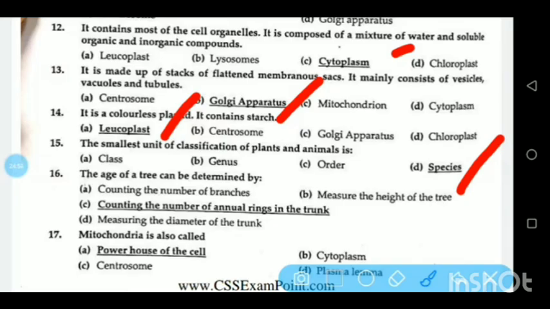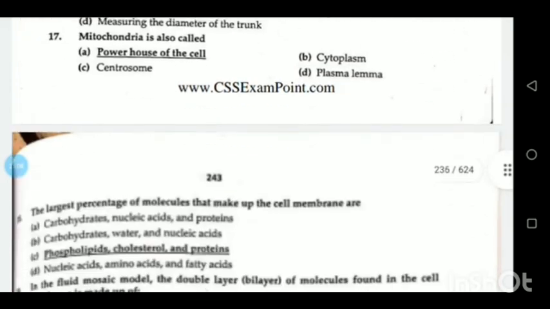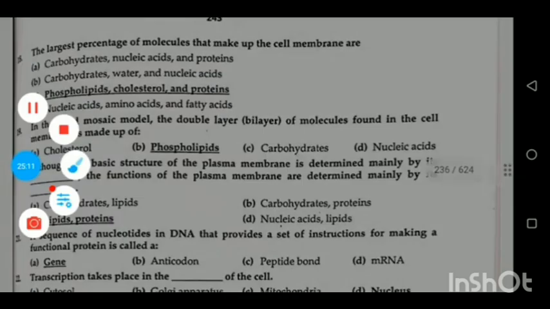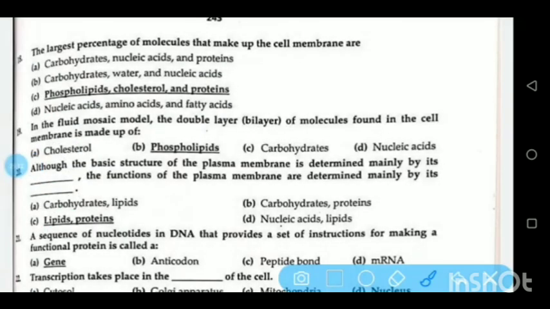The age of a tree can be determined by counting the number of annual rings in the trunk. Mitochondria is also called the powerhouse of the cell. The largest percentage of molecules that make up the cell membrane are phospholipids, cholesterol and proteins.